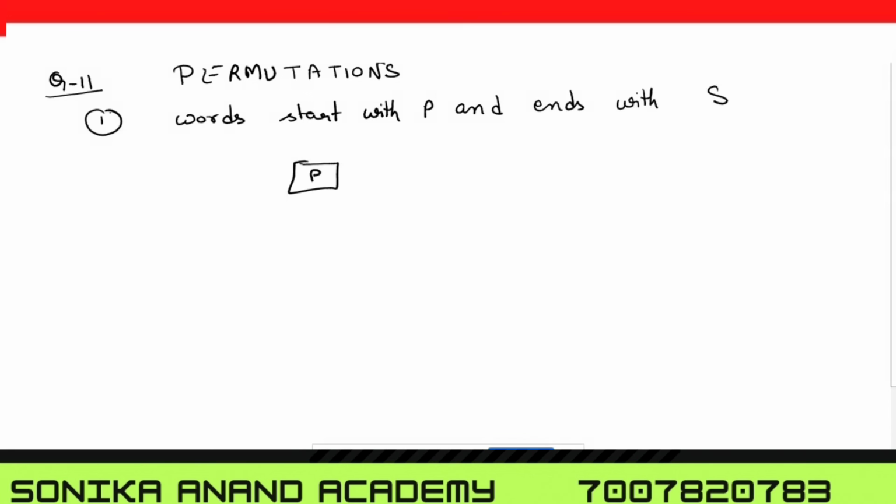Clear? Now the first question is: words that start with P and end with S. So in the first place I will put P, in the last place I will put S. Now how many letters are there? 1, 2, 3, 4, 5, 6, 7, 8, 9, 10, 11, 12. 12 letters are there, and two spaces are occupied.